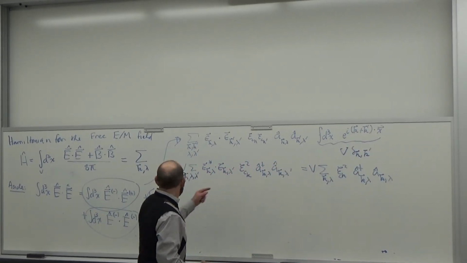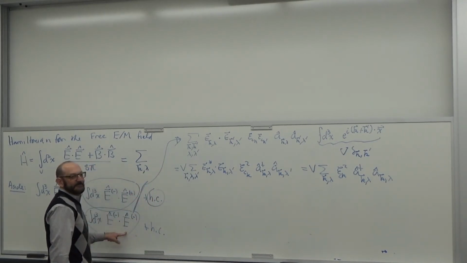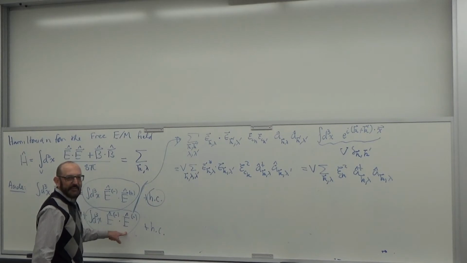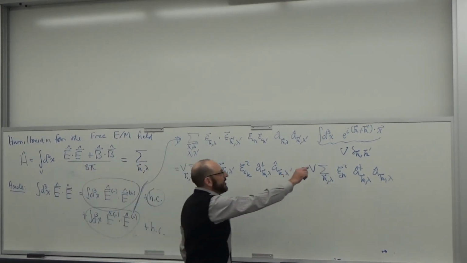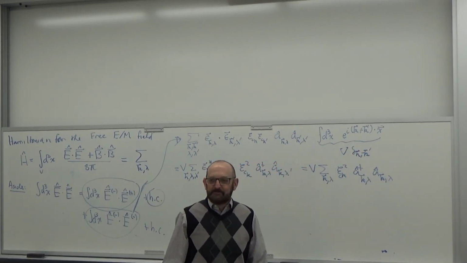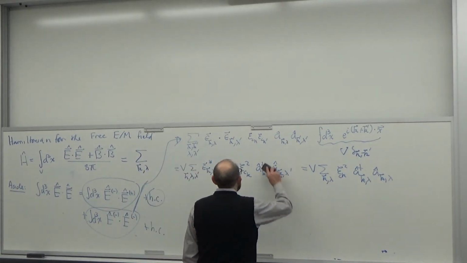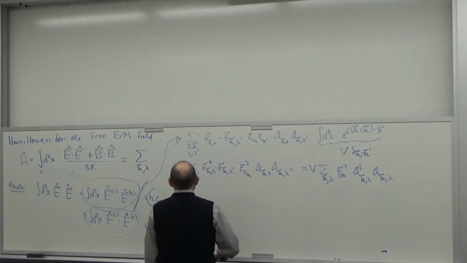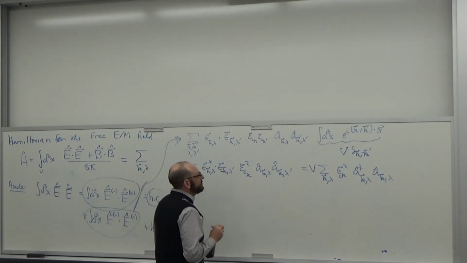Because they're the same. I'm looking at this term over here. There's no stars on anything, and no daggers on anything. So what is this now? Well, now I got a minus sign there. So now I'm going to have that.